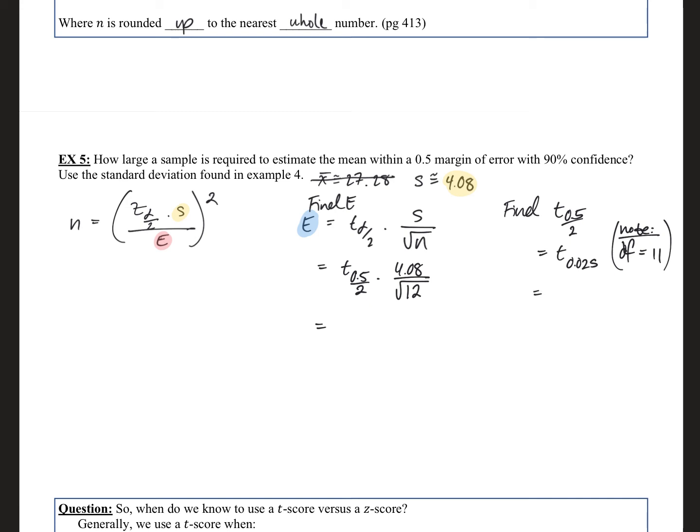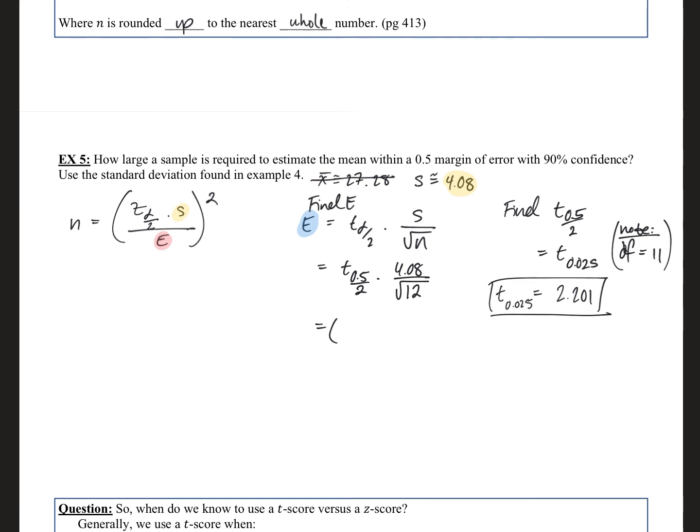And then we'll go ahead and look in our chart. I'm going to flip to my chart. We're looking for degree of freedom 11 and then 0.025. That'll be 2.201. Okay, so that is our t of 0.025.